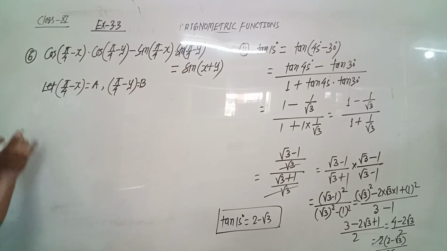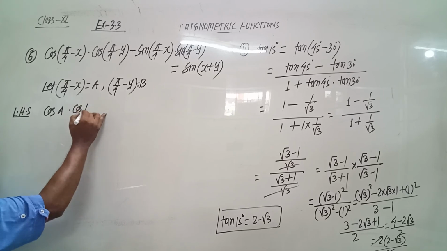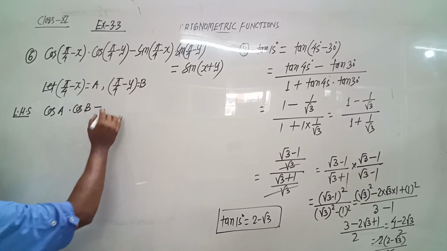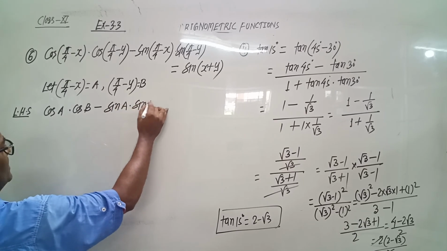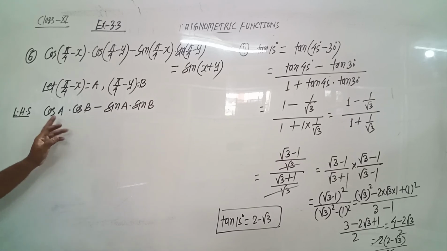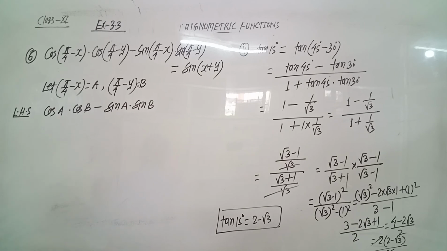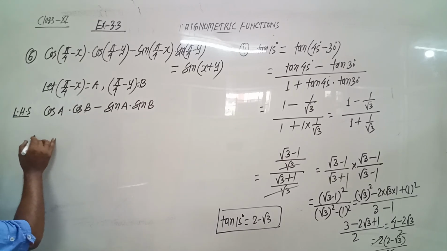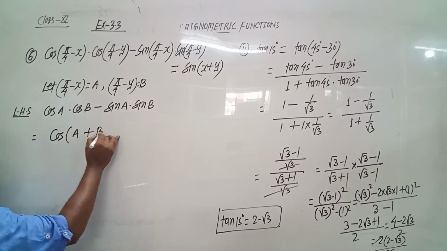Then our expression becomes cos a into cos b minus sin a into sin b, and we use the formula: cos a into cos b minus sin a into sin b is equal to cos(a plus b).